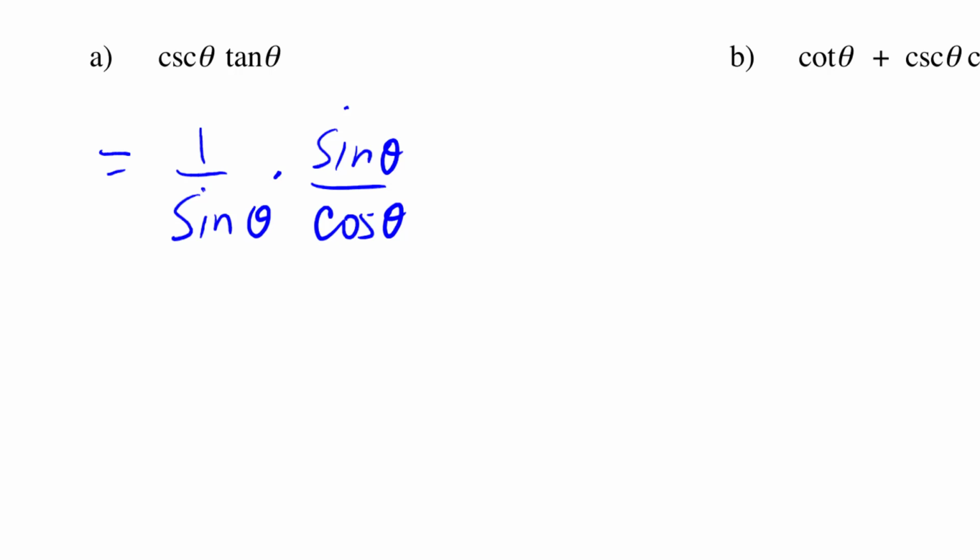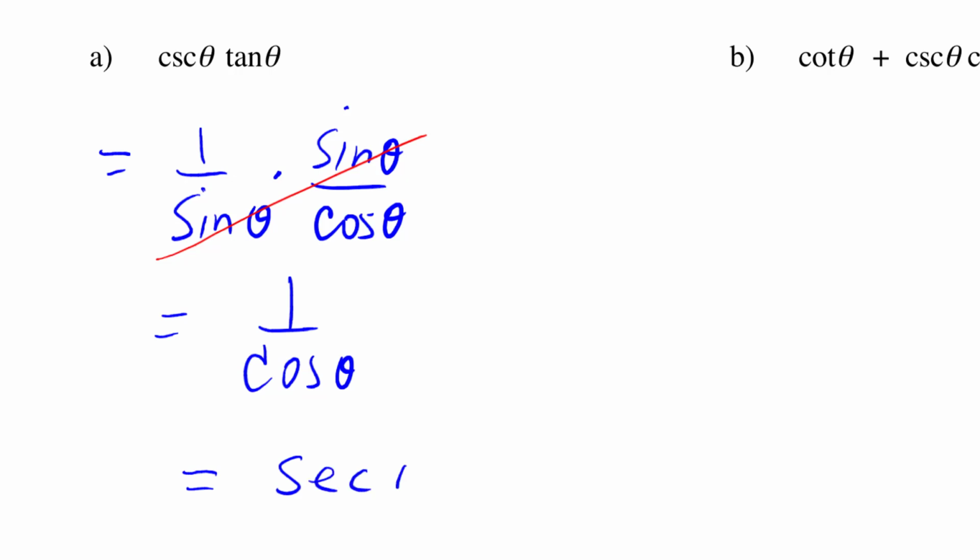And notice that I do have theta written after each function. It's not just 1 over sine, it's 1 over sine theta. But fortunately, those can divide out, and we're left with 1 over cosine theta, which is good, but we can take that one step further and make it into secant theta. That is one simplified form for that expression.